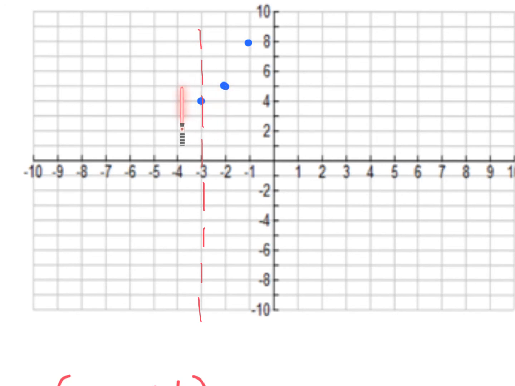So 1 space, so 1 space. 1, 2, so 1, 2. Alright, so now let's draw our line, our parabola. There's the vertex a smidge.